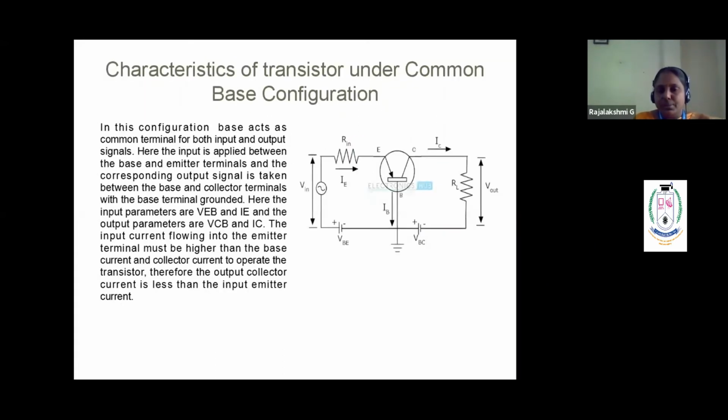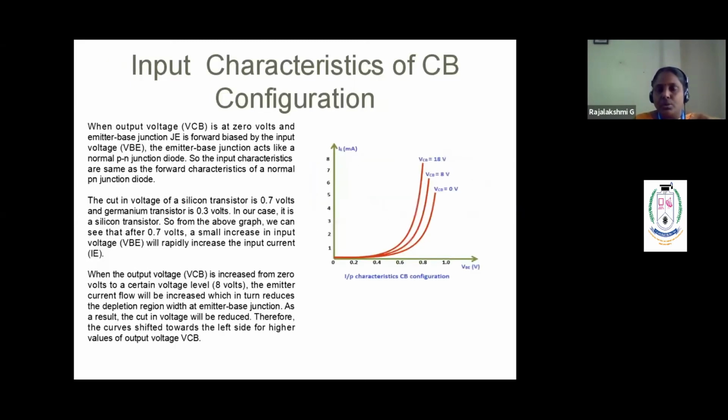What is the input voltage? VBE. What will be the output current here in the input part alone? Emitter current. That's what is shown here. So we are going to vary the voltage between the base and emitter, and we are going to note down the value of the emitter current. That's what we are going to do.